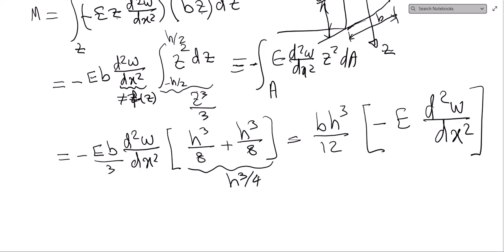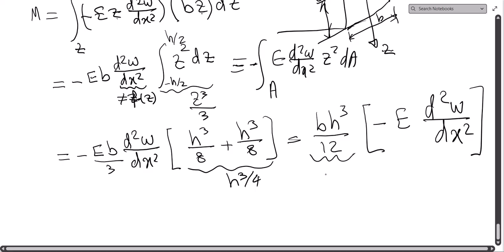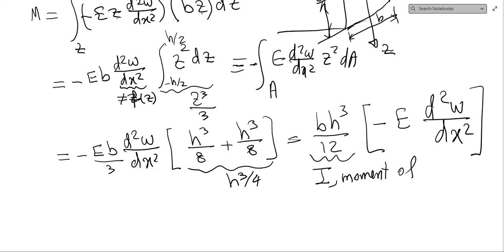So if you work on this integral for these limits, you get, as I've shown here, the moment of inertia of the cross section.